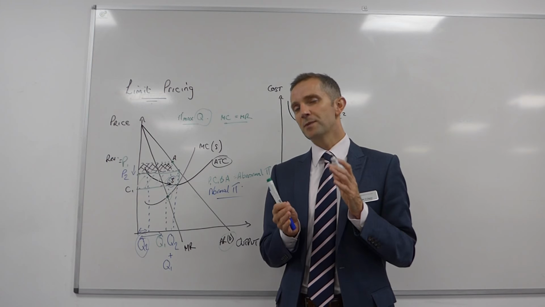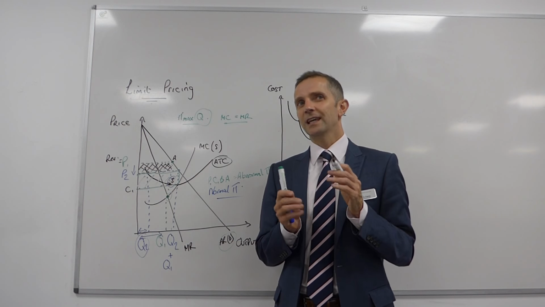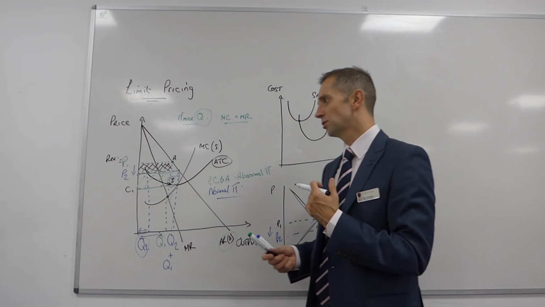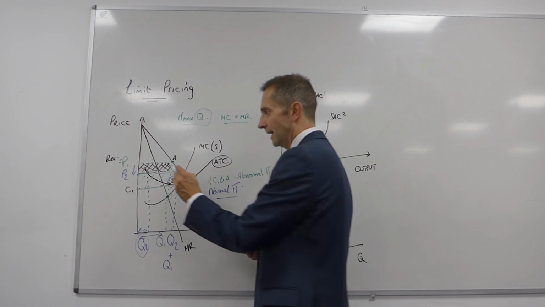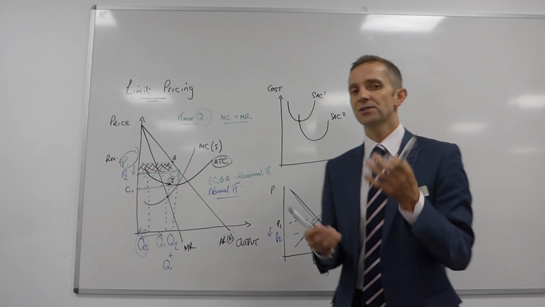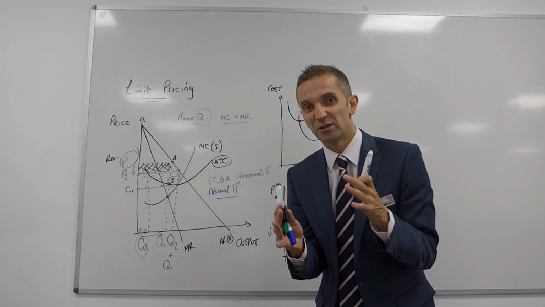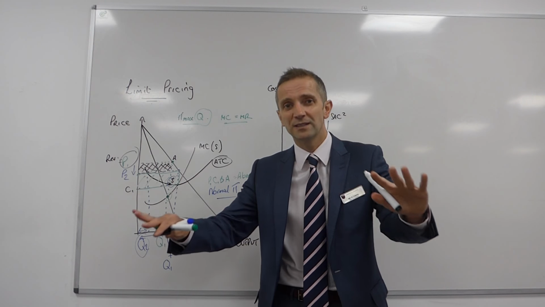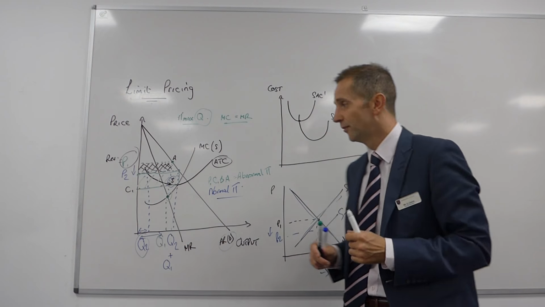So the whole notion of limit pricing is, well, if the firm wants the market to itself, maybe it shouldn't initially be so greedy as to charge a price as high as P1, because the problem is, if there are weak barriers to entry, new firms will enter and some of those profits will be competed away anyway and your market share will fall.